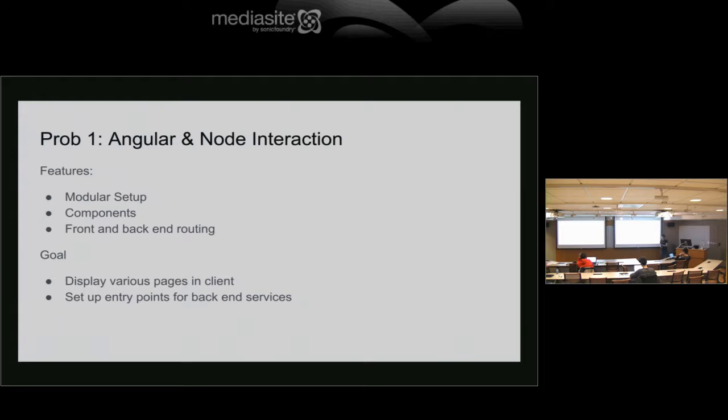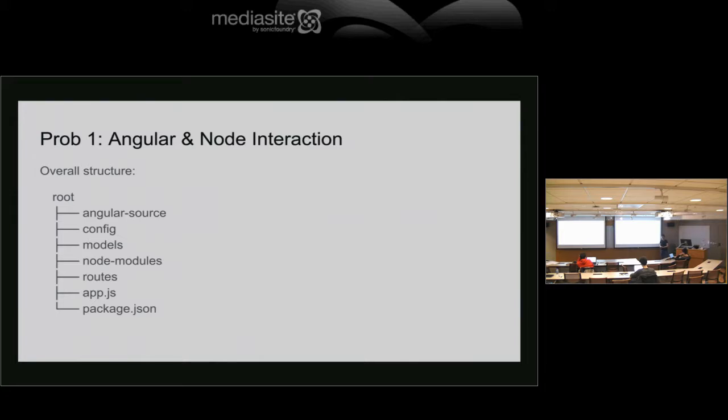So first, you're going to have pages and layouts, and then you want to connect those portals or the services on the backend. That's basically how we're going to do it and how we're going to code. And the project pretty much looks like this. We have a root, which is our project folder.